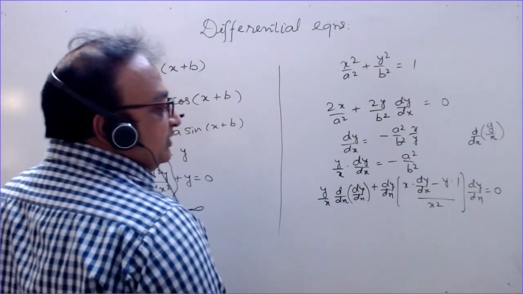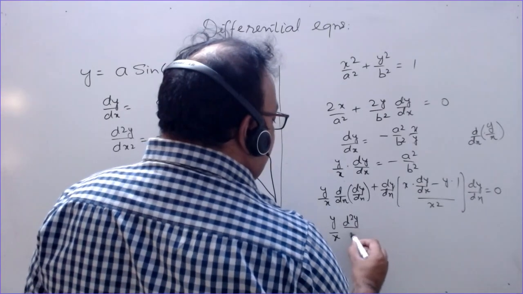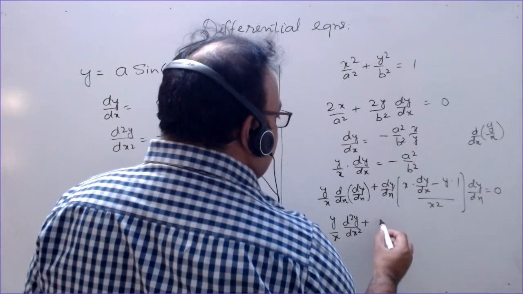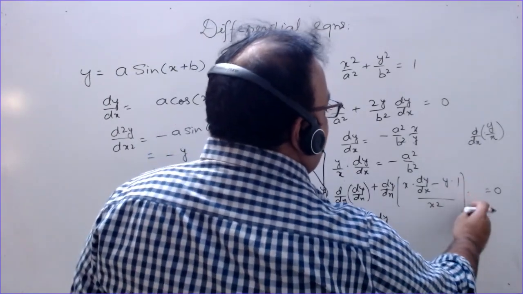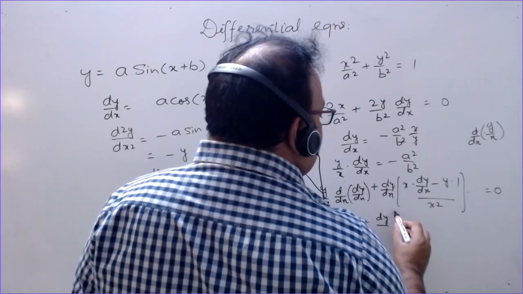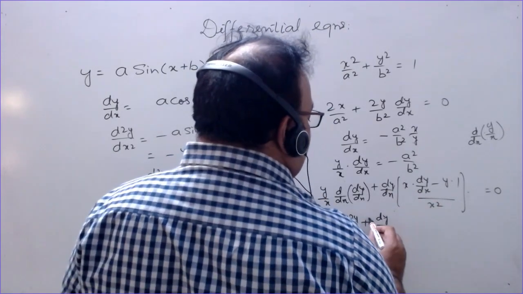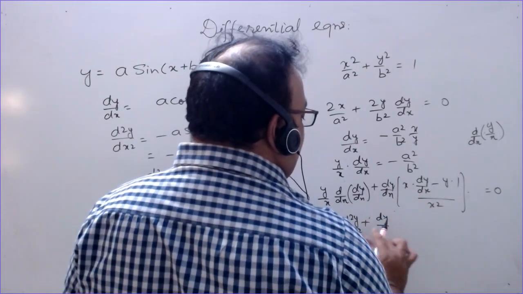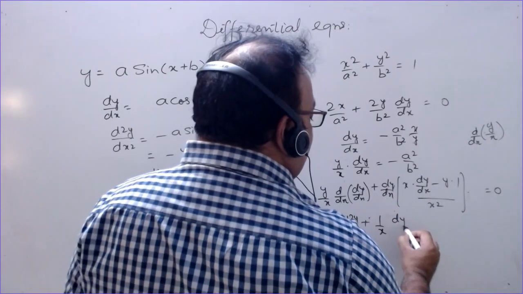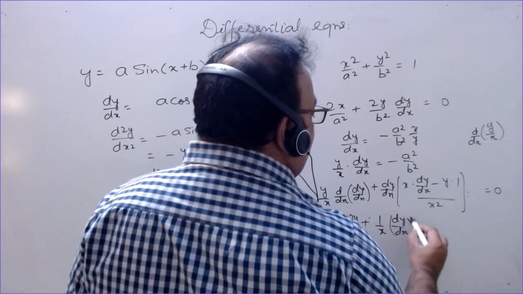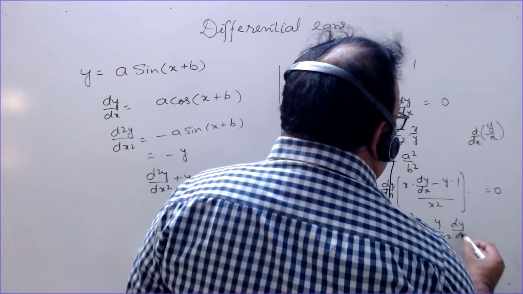Differential of this is, because this is a constant, y by x d2y by dx square plus dy by dx, this has been written here, multiplying this inside the bracket, x into dy by dx upon x square. So 1 by x dy by dx whole square minus y by x square dy by dx equal to 0.